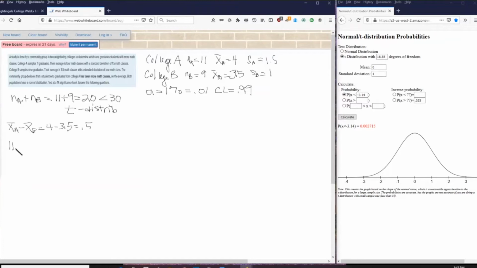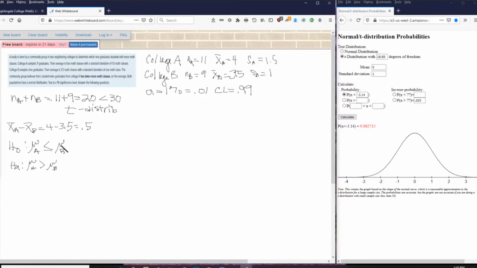For our null hypothesis, we're going to say that the mean of college A is less than or equal to the mean of college B. And our alternative is going to be the opposite: the mean of college A is going to be greater than the mean of college B. So in words, our null hypothesis is saying students who graduate from college A have taken the same or fewer math classes as students from college B. And our alternative hypothesis is students who graduate from college A have taken more math classes than students at college B.